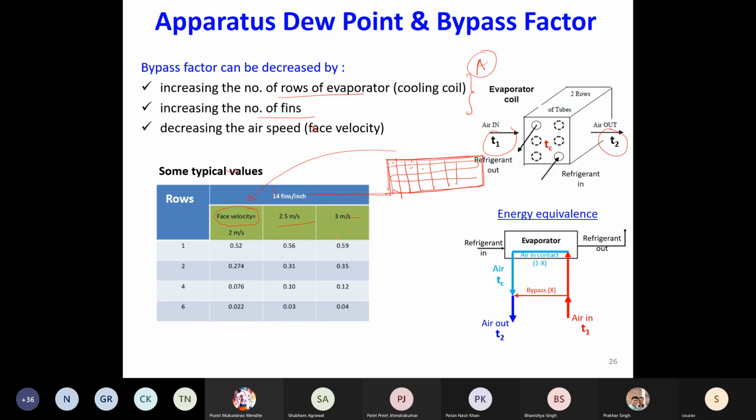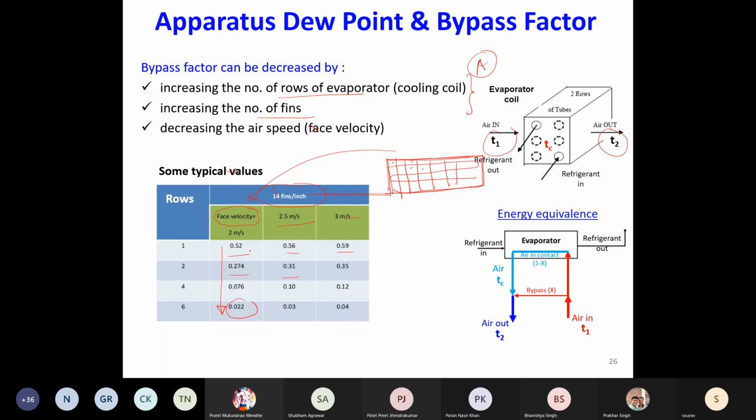So various speeds are given over here and various numbers of rows are also given. This experiment was conducted for a particular fin pitch, so fin pitch is fixed. Number of rows will definitely increase the area available. So if you look at the number of rows, as you increase it, your bypass factor is reducing.